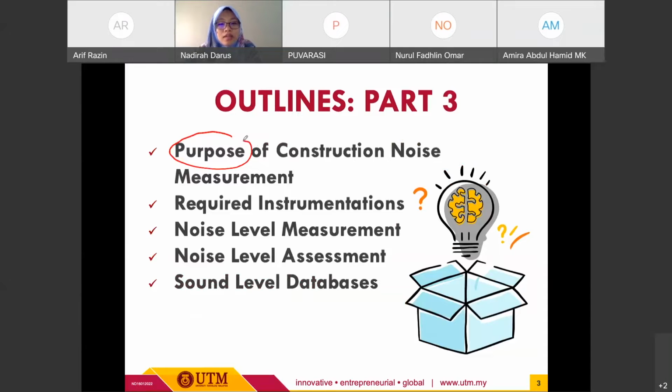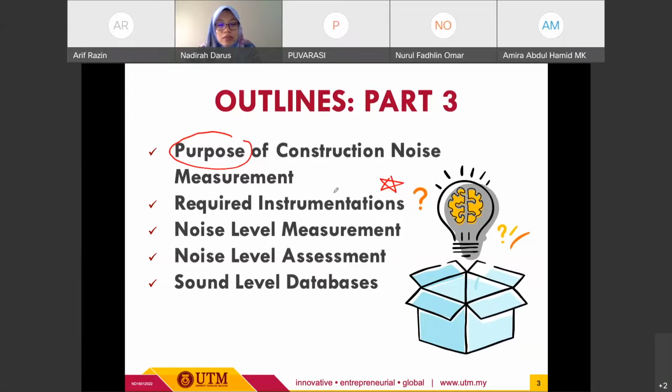Why we conduct the construction noise measurement in terms of its purpose or objective, right? And related to the construction noise monitoring and measurement, we for sure need the related instrumentation or equipment. What equipment is usually used to measure the construction noise.